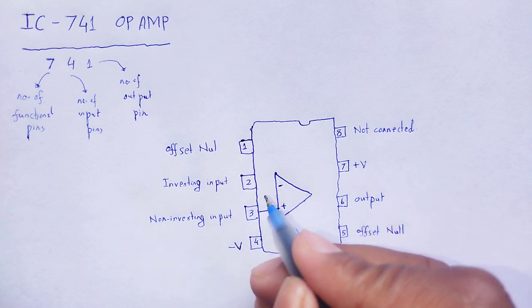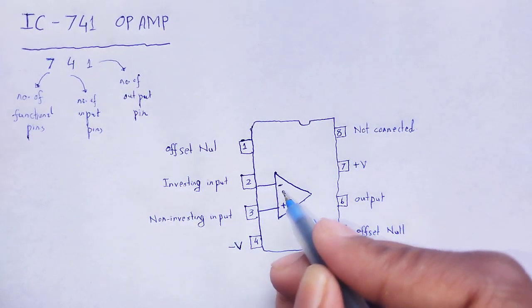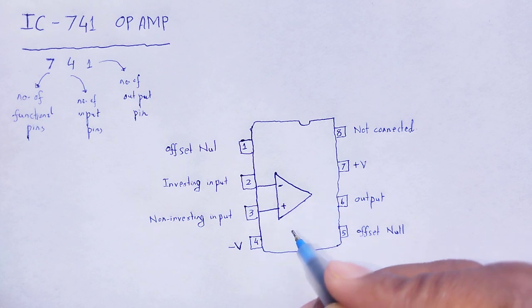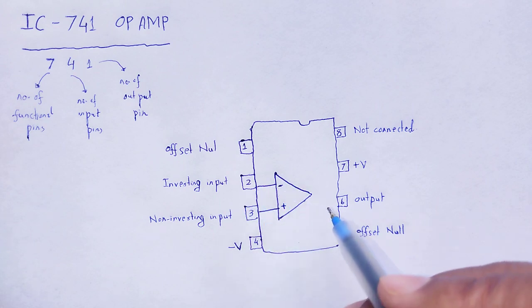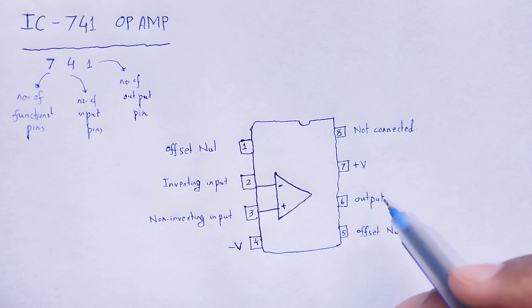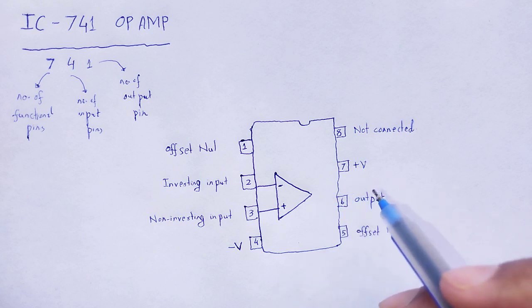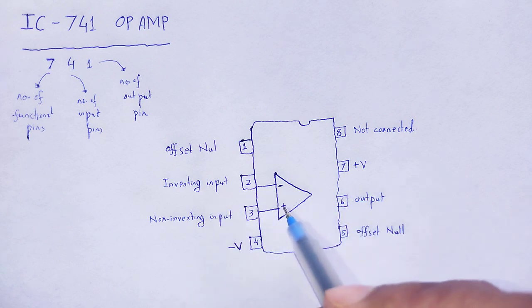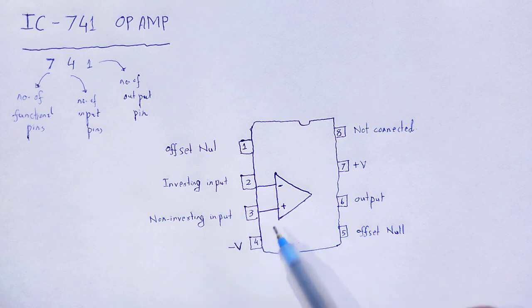Next, inverting input: the signal given to the negative end, at output we obtain a signal which has a phase shift of 180 degrees to the input. That end is called inverting input.